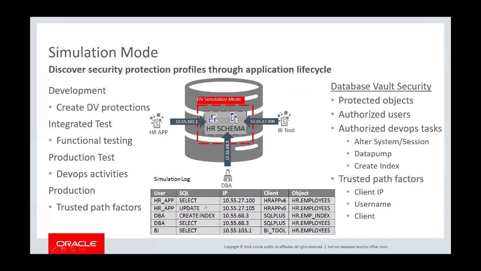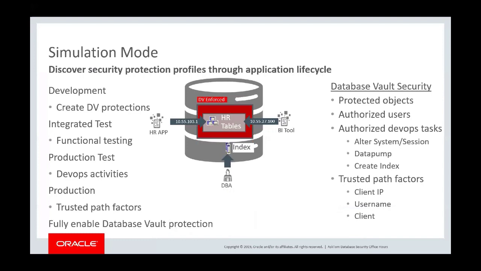And you can see things like IP address, client information, what they have accessed, and be able to update information for your trusted path, your rule sets, and rule sets for access to the sensitive data. You can do that all through simulation mode.